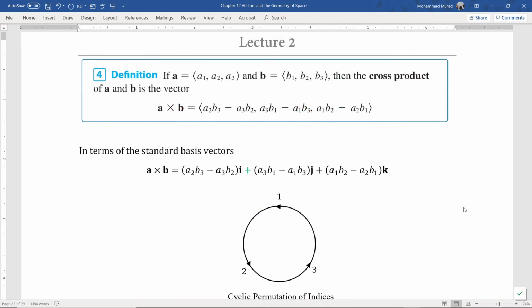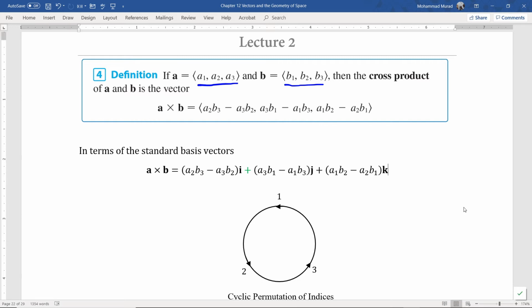Definition. If A is a vector with components A1, A2, A3, and B is a vector with components B1, B2, and B3, then the cross product of A and B, denoted by A cross B, is the vector whose components are defined by this formula.